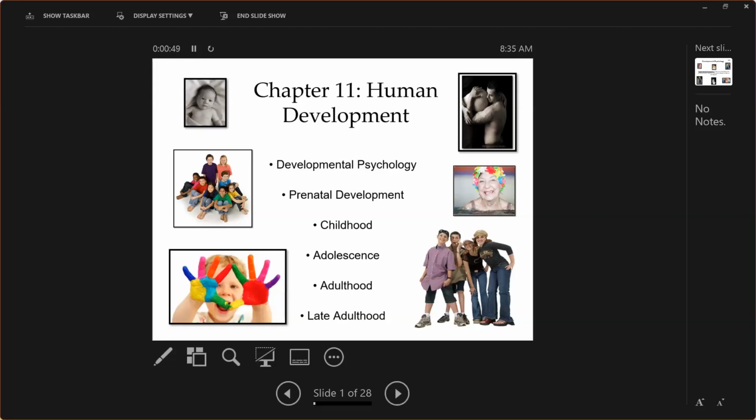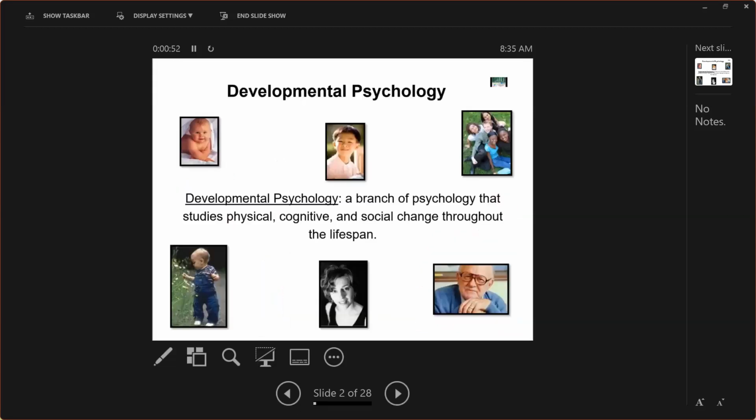So what we'll look at in this unit is the topic of developmental psychology, which we sometimes call lifespan psychology. We're going to look at how we change and grow and some of the unique pressures that we face throughout our lifespan. So we'll start with before birth even, and some of the growth and processes that occur then.